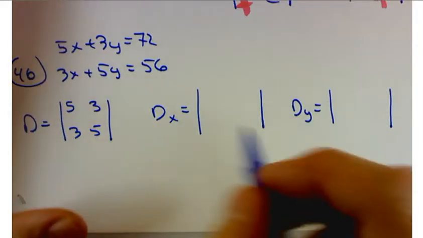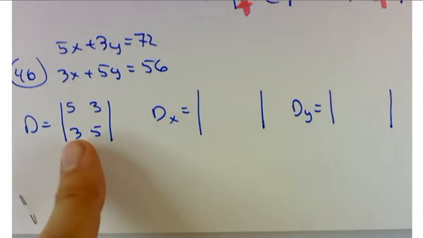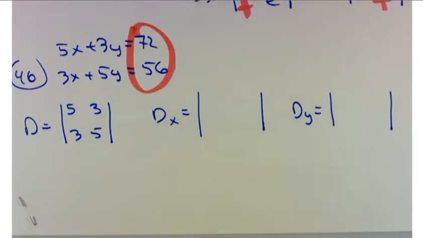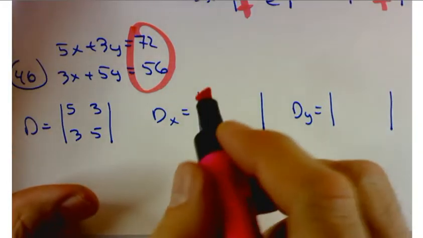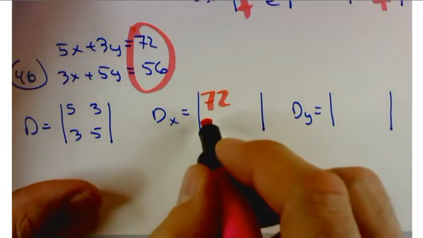One at a time, we're going to replace the columns here with this column here. So for the first matrix, I would have 72 and 56.